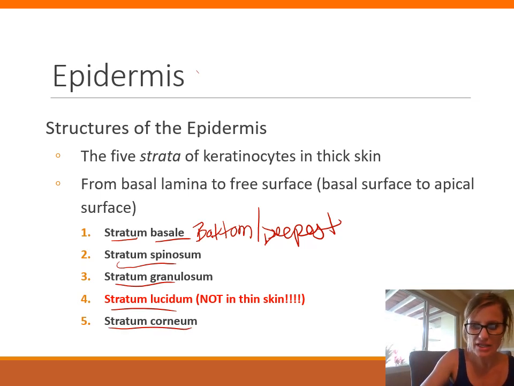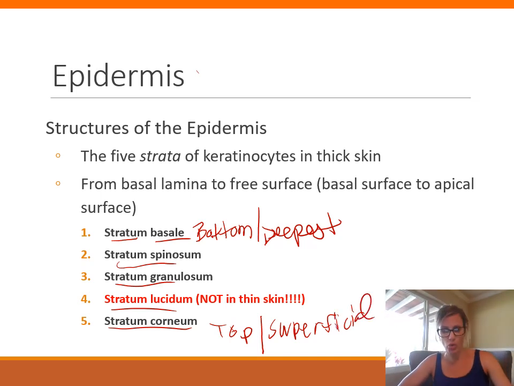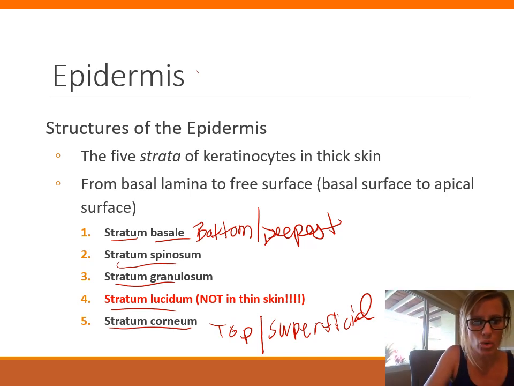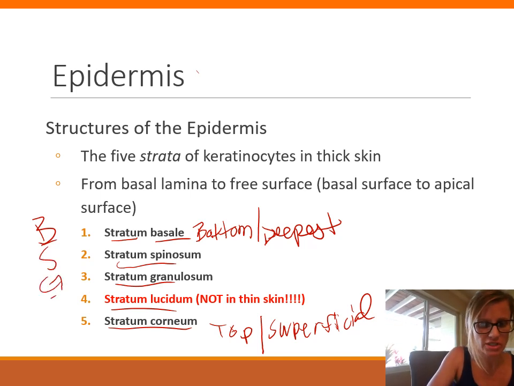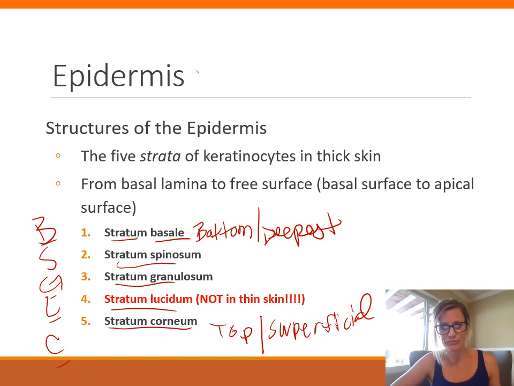And then finally, the top or most superficial layer is the stratum corneum. The acronym that I told you guys in lab to remember these is boys say girls love clothes. I do. Boys say girls love clothes.